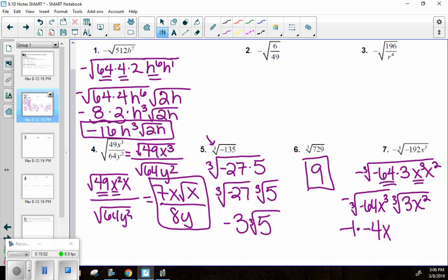And then, like I said, the other radical, cube root of 3x squared, that's just going to stay inside. Okay? And last but not least, what happens when I have a negative, and then I have another negative times another -4? Positive, right? So finally, our answer here is 4x, and then times the cube root of 3x squared. And that's our final solution.